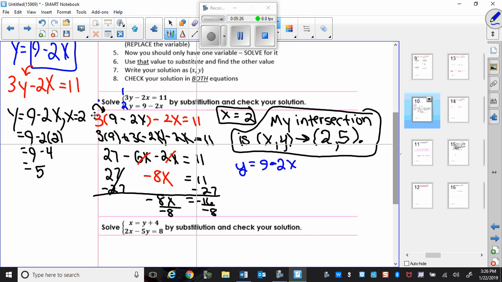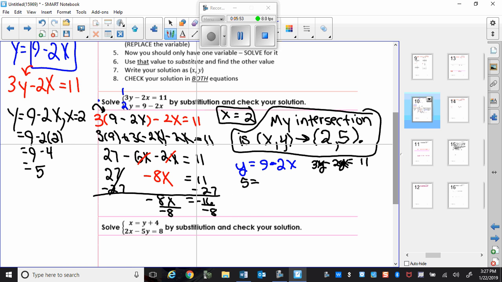So we do that by rewriting our equations, and checking to see if they're true. We did this in lesson 1. So here's my two equations. And I'm just going to substitute these numbers back inside. So y equals 9 minus 2x, so y is 5.